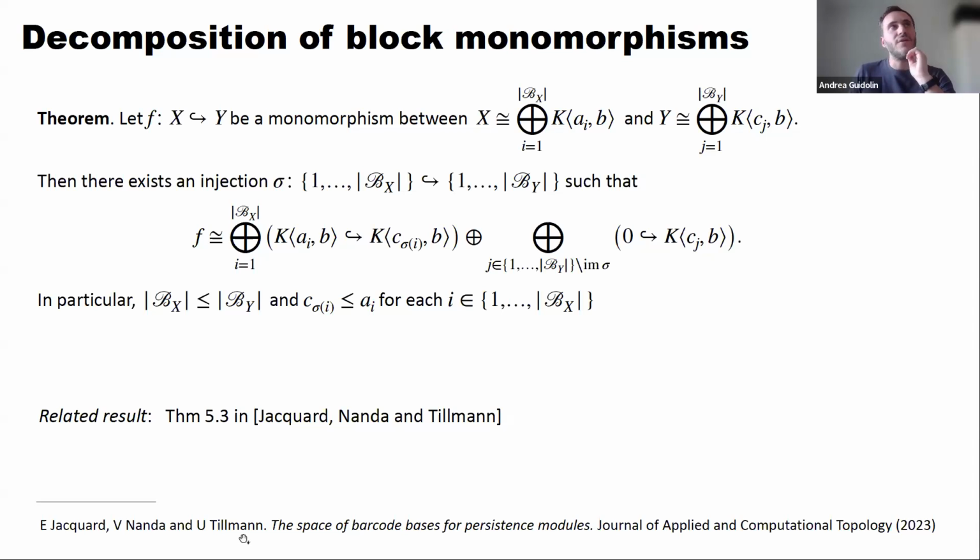They consider discrete persistence modules, while we consider pointwise finite dimensional ones, but they have a more general decomposition theorem because they are able to decompose arbitrary morphisms between persistence modules such that there are no pairs of nested bars. And in their decompositions, there is an additional type of summand, which are bars that map to 0.